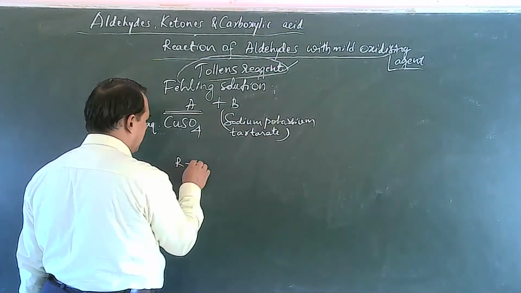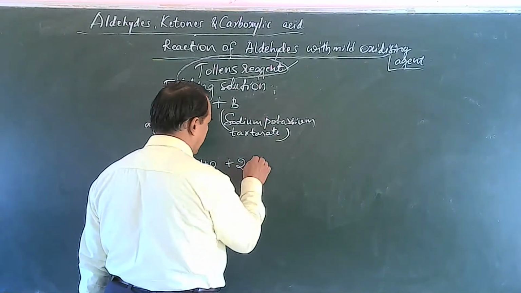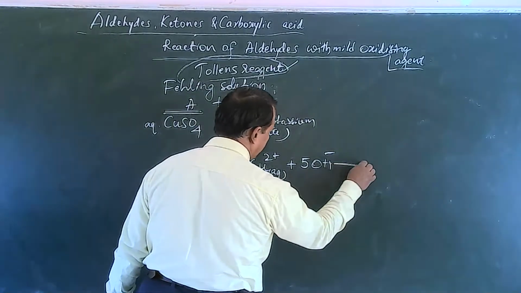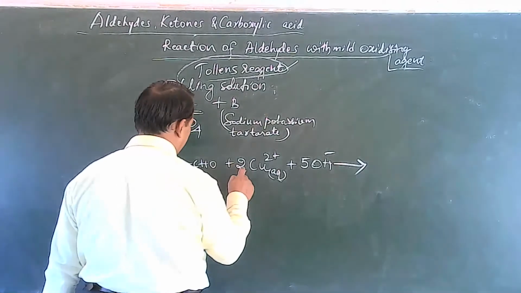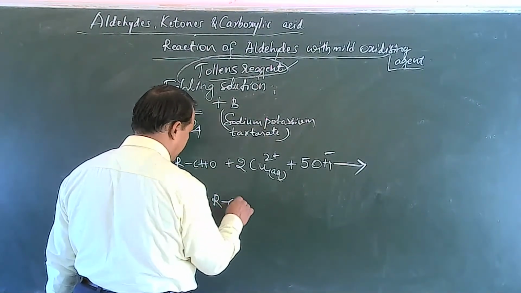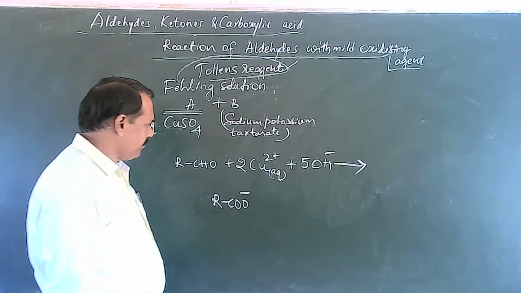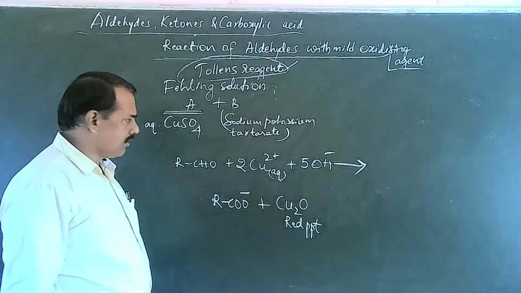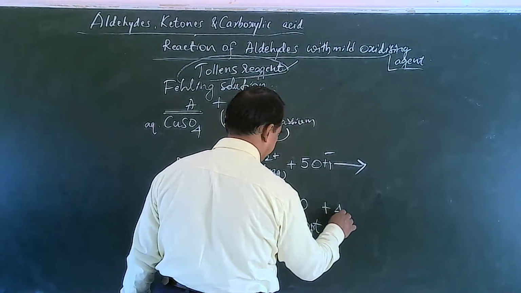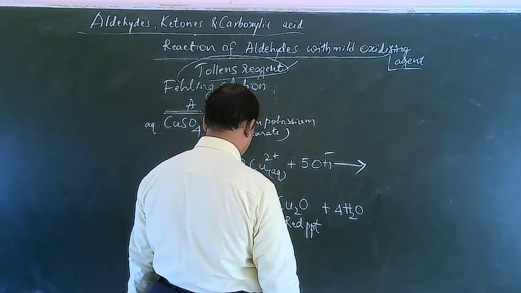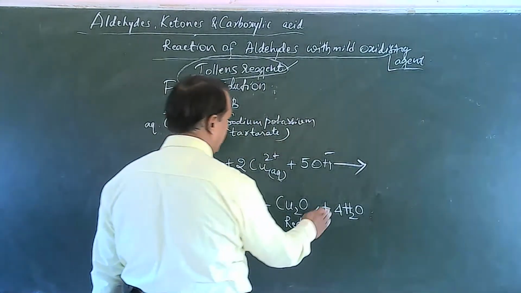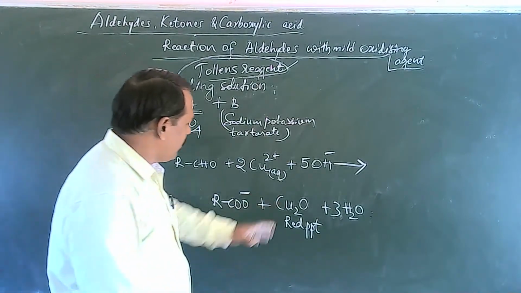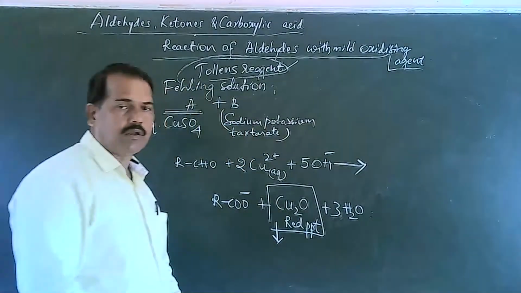When an aldehyde is mixed with Fehling solution, Cu2 plus in aqueous, again in basic medium, 5OH minus, we will get a reddish brown precipitate. The aldehyde is oxidized to RCOO minus, a carboxylate ion, and Cu2O, which is a reddish brown precipitate, plus 3H2O.